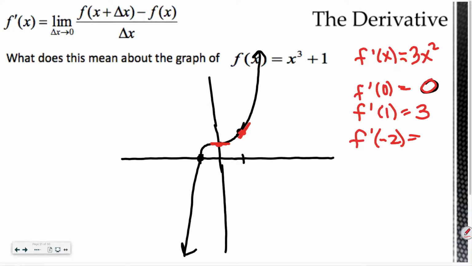What would that be? 12. At negative 2, we have a slope of 12. It's describing all of the tangent line slopes for any point. And we can plug in an x value to figure out what the exact slope is at that point, but it changes at each coordinate.